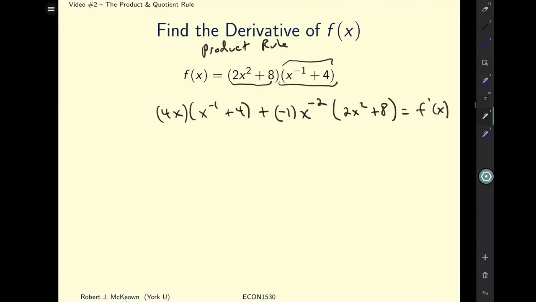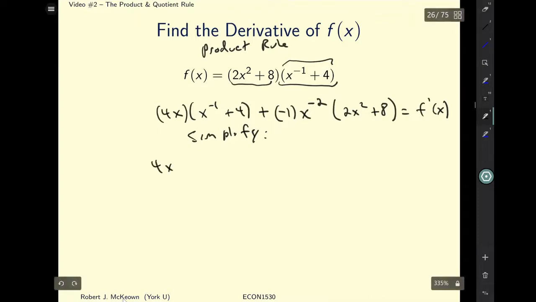Now I'm going to simplify this, and I'm going to multiply. So hopefully I've taken the derivative correctly, but now I'm going to simplify it. And so we've got 4x times x to the negative 1.